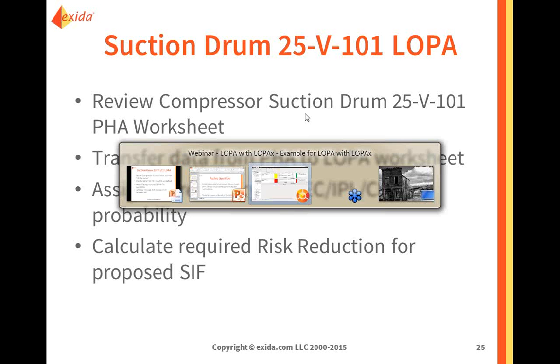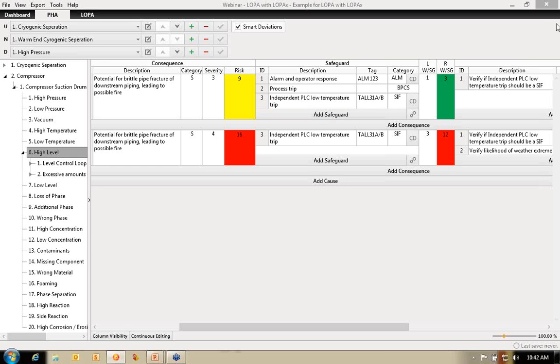I am going to show you the process hazard analysis worksheet, and it looks like everybody can see that now. I'm sharing my screen. Here we have the warm end of the cryogenic separation. We have a couple of different deviations, and one of those deviations is high level, and that's the one that I have a PHA worksheet for.